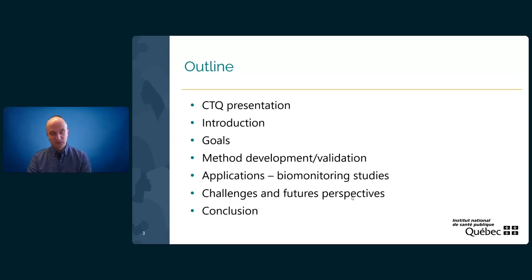I will go into details with the method development and validation, which make use of VAMS devices. And I will show you also a few applications, especially related to biomonitoring studies. And I will finish by discussing some challenges and future perspectives. And of course, I will wrap up with a conclusion.